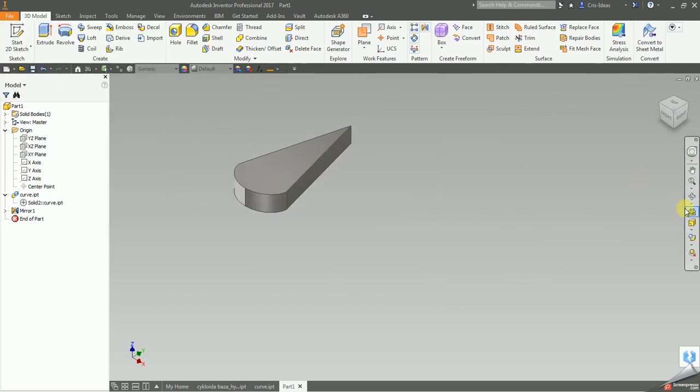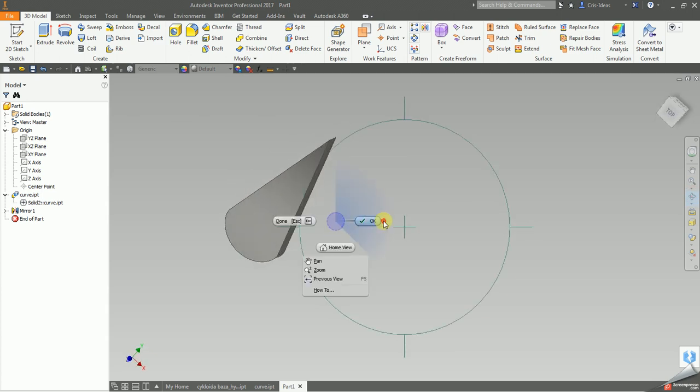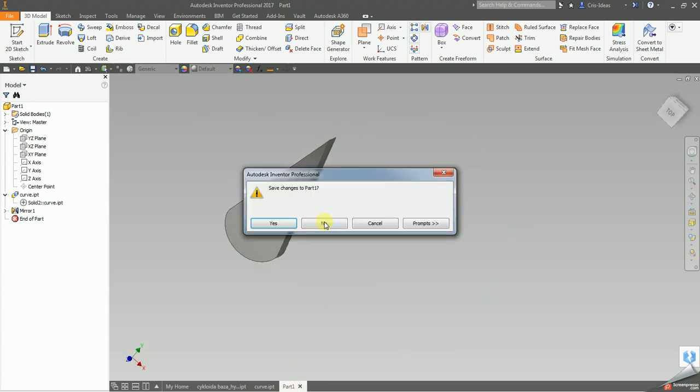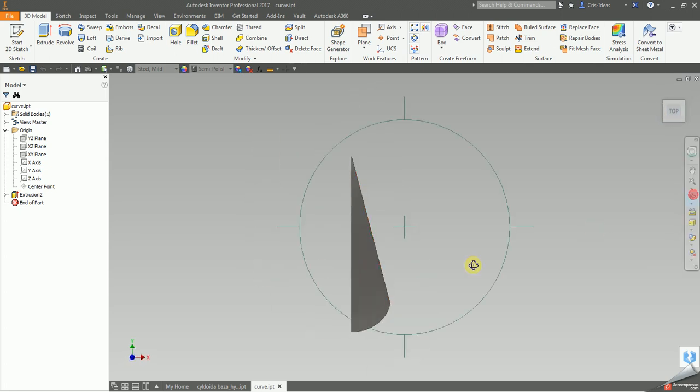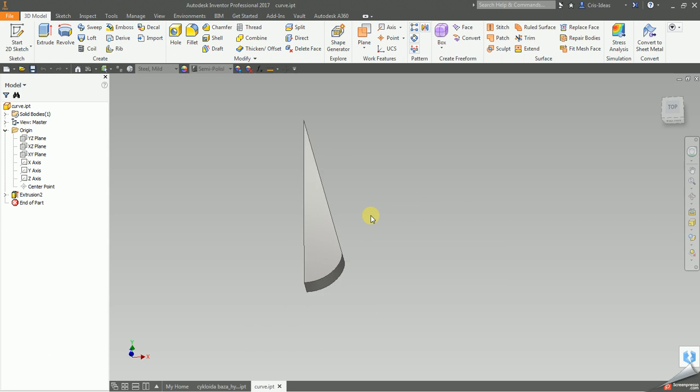Not again. I'm not sure why it is not working now, but generally once you have that, you can generally get around with that.